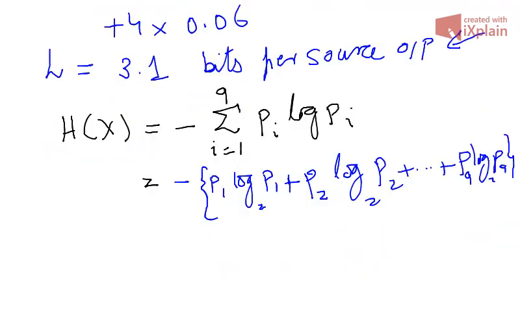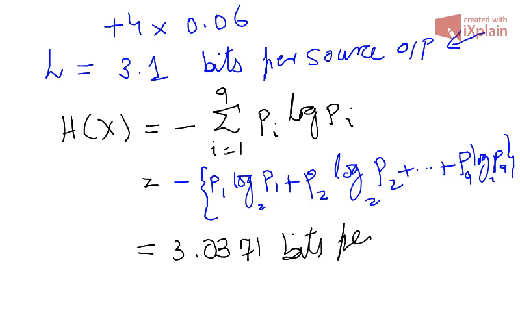You would get the answer which is actually equal to 3.0371 bits per source output.